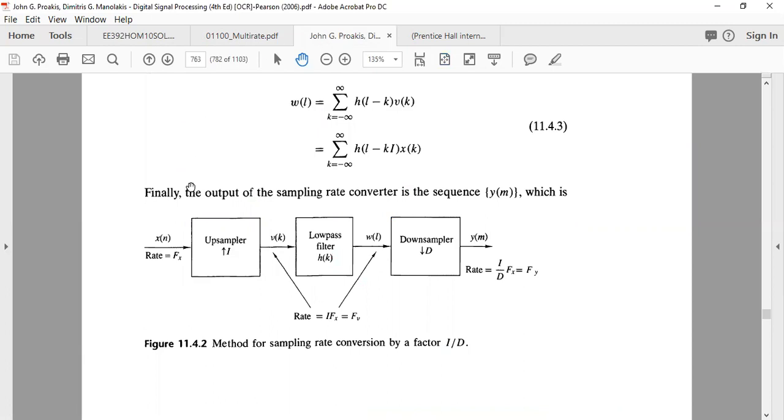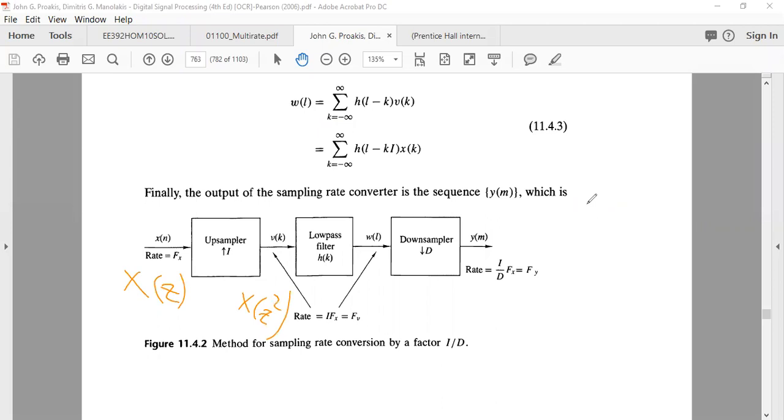So in this case, our input was x of z. That is passed through the upsampler block, and now we get x of z squared, since we are upsampling by 2.